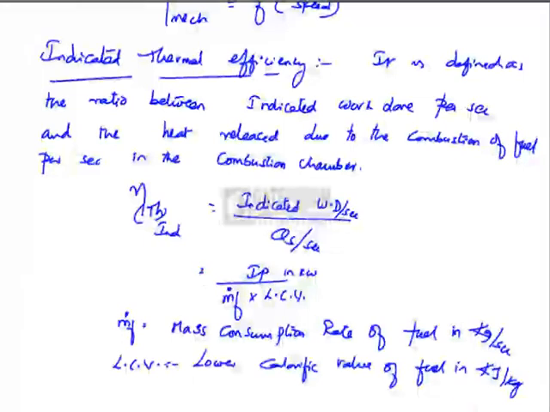Then the resultant formula for indicated thermal efficiency is IP by m dot f into LCV. Usually it falls around 25% to 30% for an internal combustion engine.